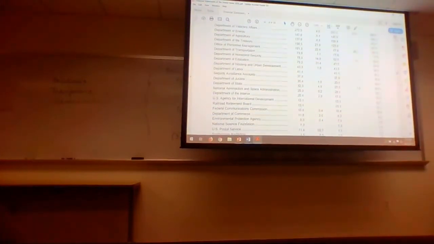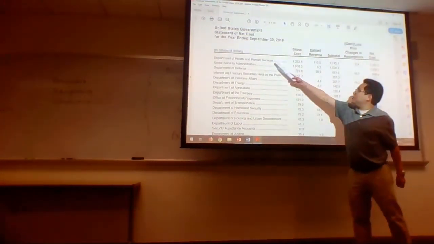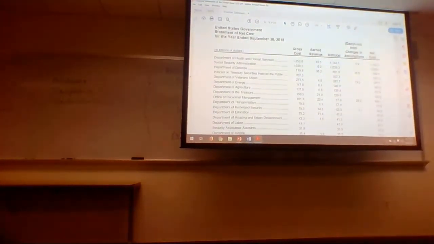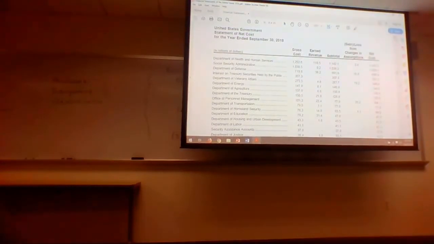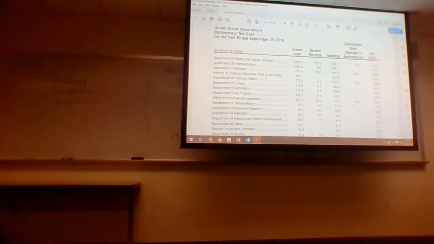Okay, so if you look at this statement of net cost, what is the biggest expense for the US government? Department of Health and Human Services. That's 1.1 trillion. Do you know what that is, really? That's Medicare, Medicaid, actually, health benefits for people.